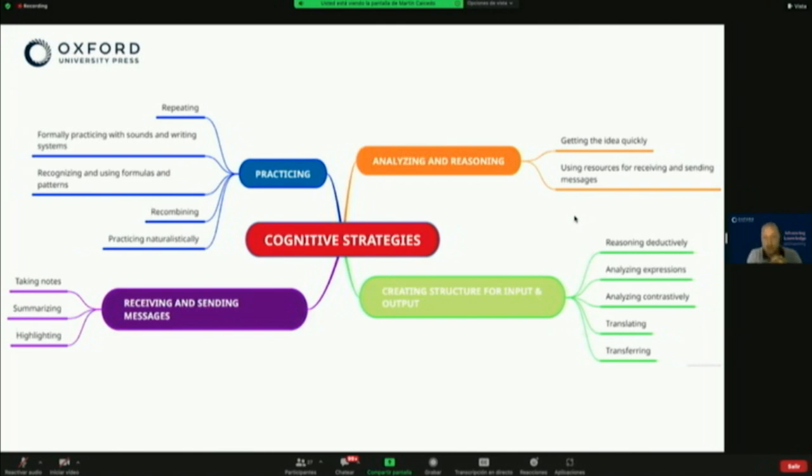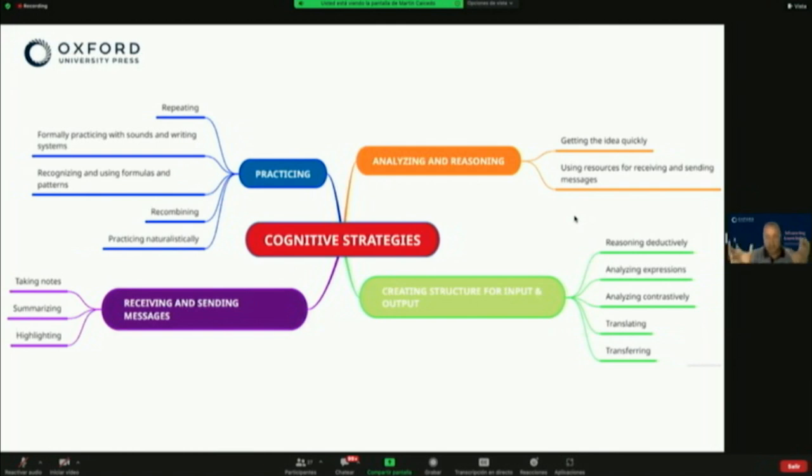Creating structure for input and output, we are talking about reasoning deductively. We teach grammar in an inductive or deductive way, analyzing expressions, analyzing contrastively, and this also taps into contrasting our L1 versus L2.